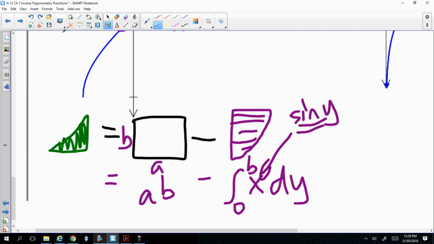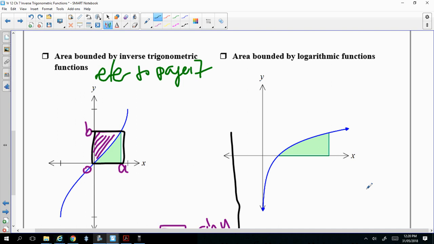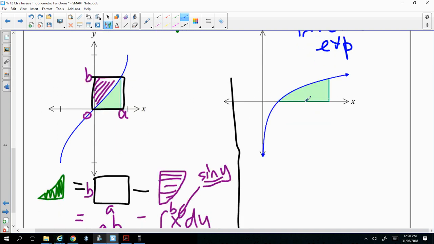And this idea has been discussed in exponential and log as well. So you can think of log as inverse exponential, just like we have inverse trig. And you do the same method as well. So you do the area bounded by the y-axis, and then you draw a box around it.